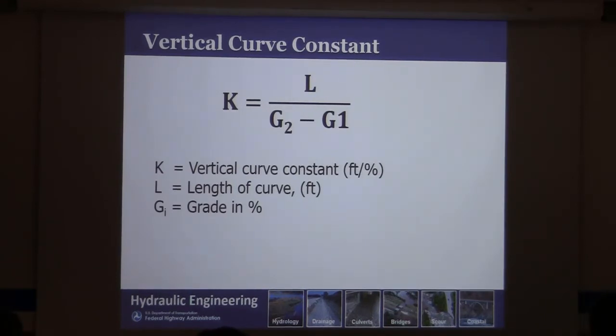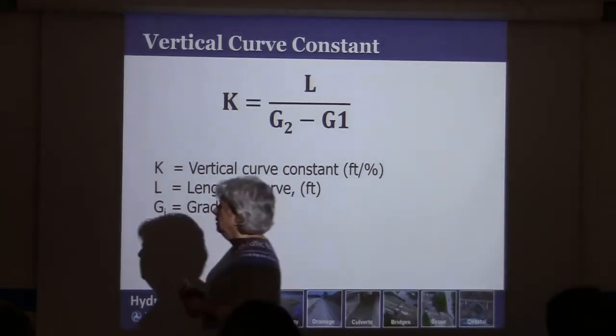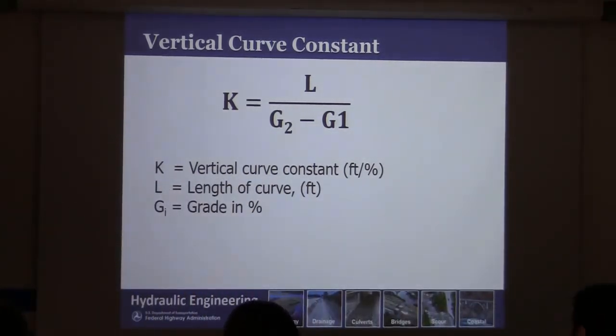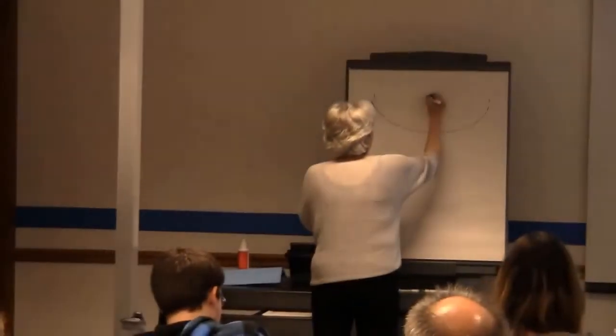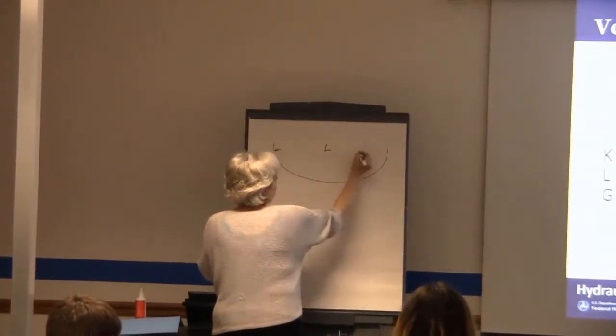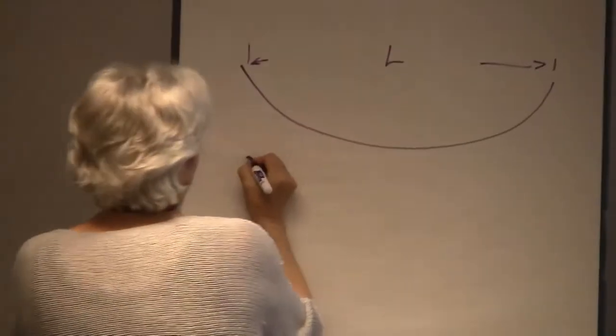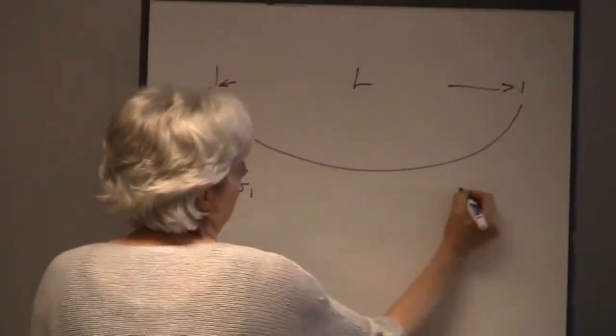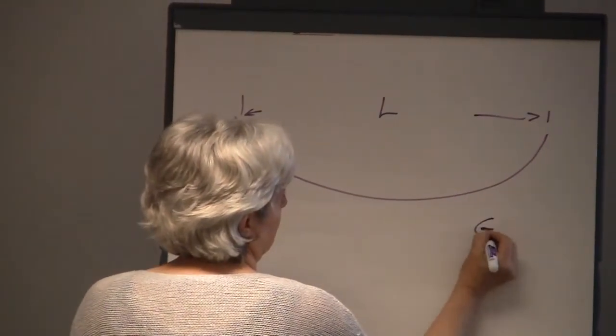So to check to see if you are meeting that 0.3%, you want to calculate this vertical curve constant K, which is the length divided by these grades. So what we're talking about here is your length this way, and then your grade 1 and grade 2.